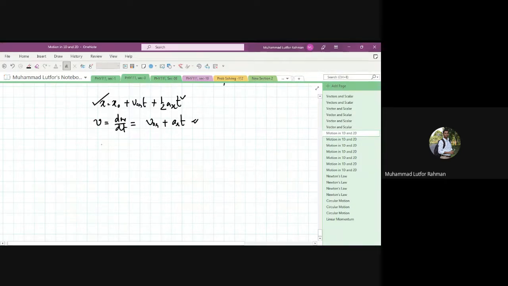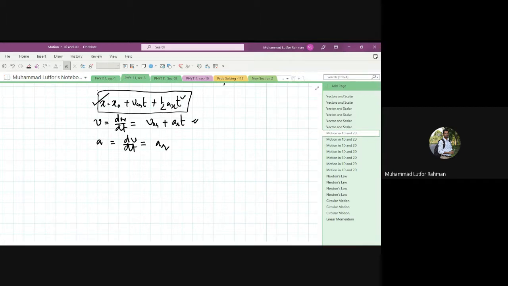And what about the acceleration? Acceleration is dv over dt, which gives me a x only, because v naught x is constant, and the derivative of t with respect to t gives 1. So it will be a x, which is independent of time. Then I can say that if the particle moves according to this equation, it will move at a constant acceleration, because this is a quadratic equation of t.